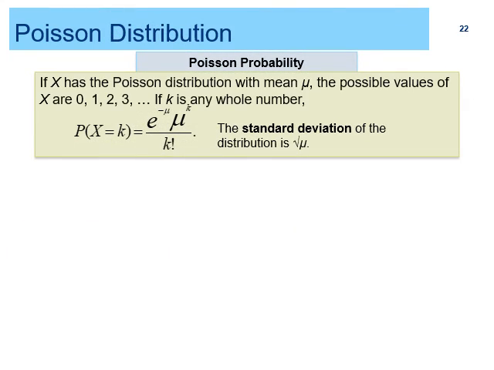Now the Poisson distribution. If capital X has the Poisson distribution with mean mu, the possible values of X are 0, 1, 2, 3, and so on. If k is any whole number, the probability is e to the power minus mu multiplied by mu to the power k, divided by k factorial.